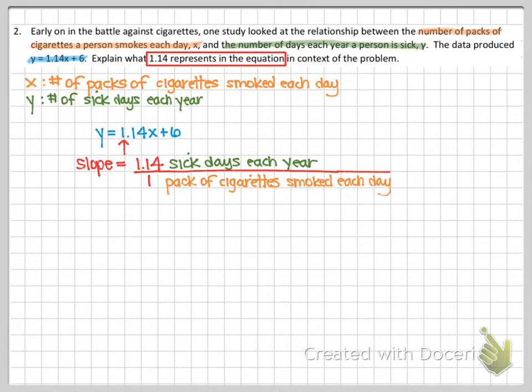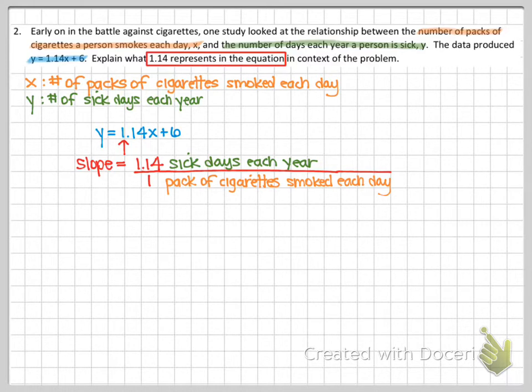Okay, there we go. I've got my slope. Remember, y on top, x on the bottom. Now, like we just did on the previous slide, why don't you see if you can write out the explanation for this? You can follow the same format.